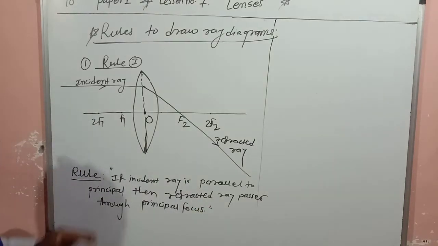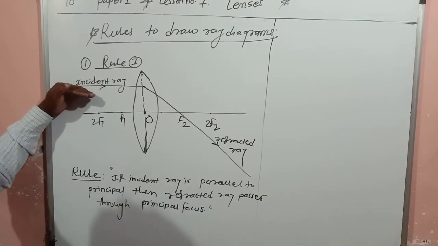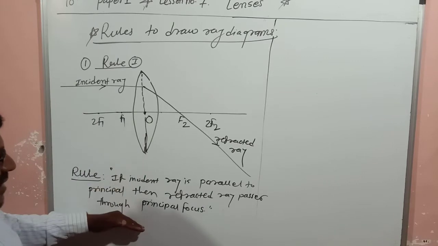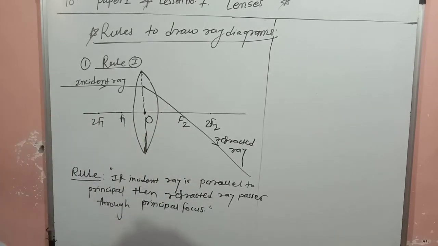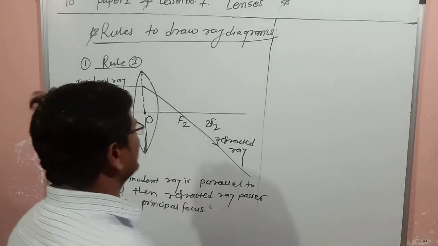This is the rule. If the incident light ray is parallel to the principal axis, then the refracted light ray passes through the principal focus. The second rule is exactly opposite to this one.